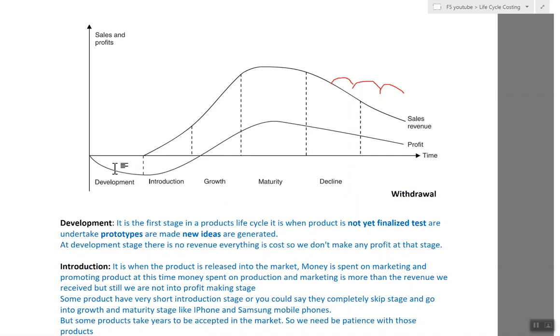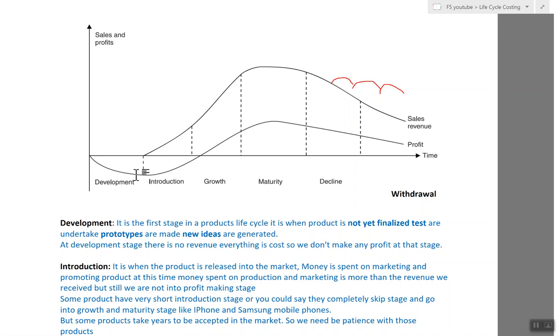Obviously, at this stage, we will not have any revenue. Everything is spending money. So as you can see, the expenditure that we are doing increases, our loss increases. But we shouldn't worry about profit at this stage because we know that there are other stages.